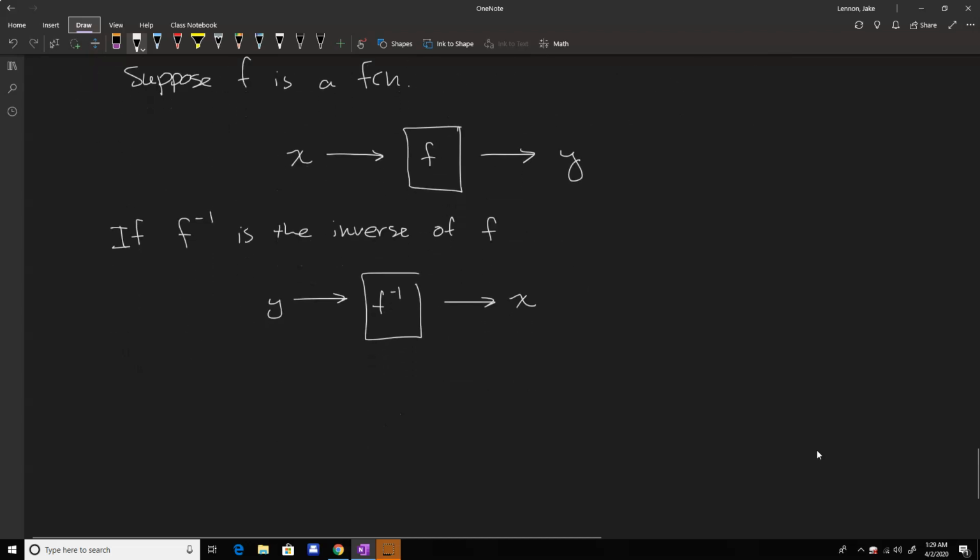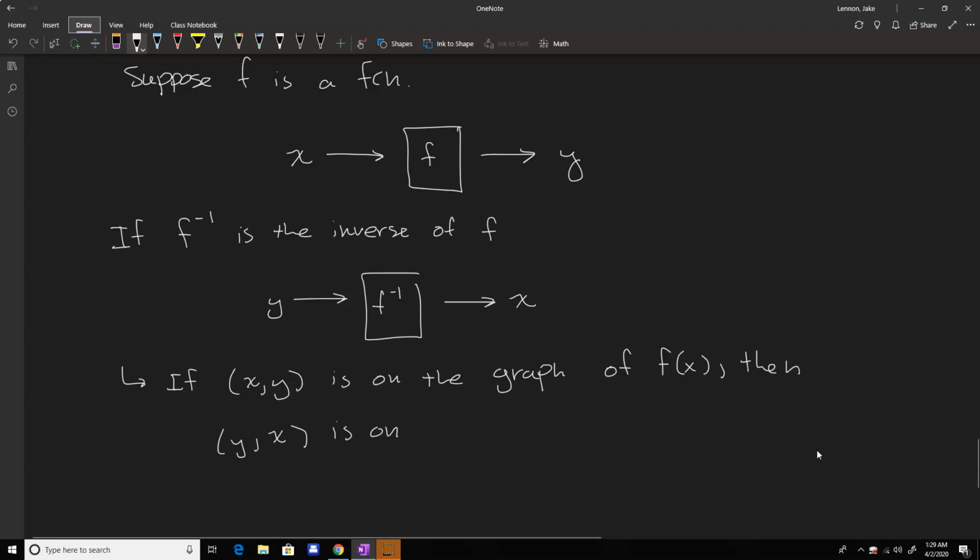So basically, this boils down to: if x comma y is on the graph of f of x, then what does that mean for the inverse function? Then y comma x is on the graph of f inverse of x.